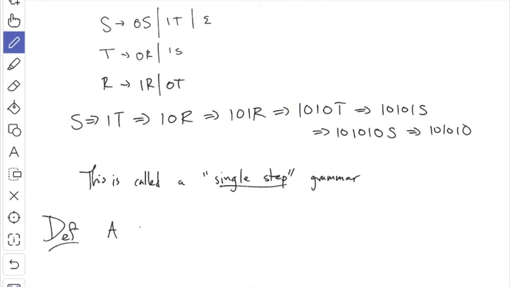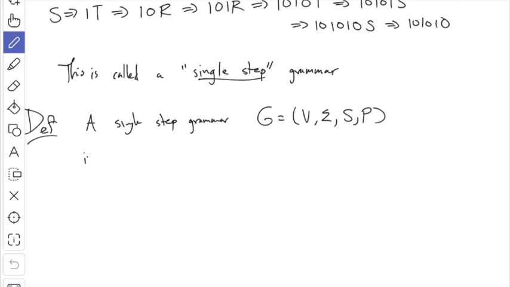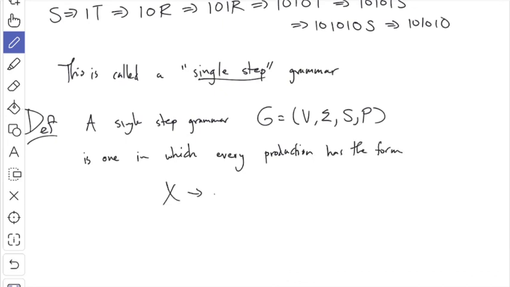A single step grammar, G equals V, sigma, S and T, is one in which every production looks like that up there. Every production has the form X goes to AY, or X goes to string, all right?